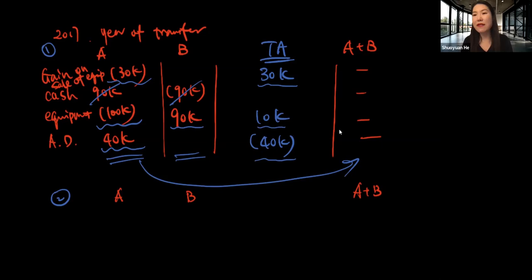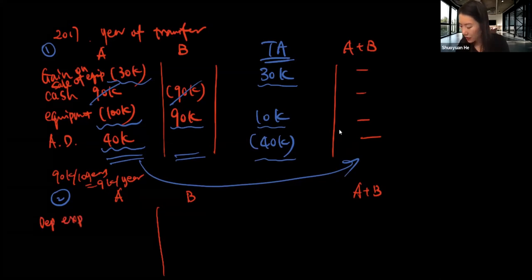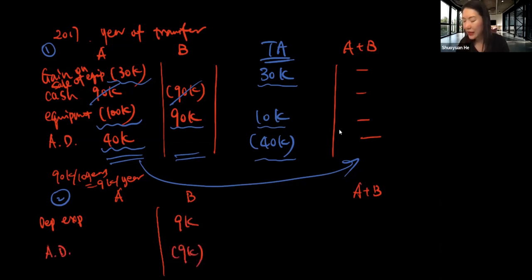So in the year 2017, Able doesn't need to record depreciation. However, Baker now has the machine, and the machine is valued at 90,000. So each year, the depreciation Baker needs to record is 90,000 divided by 10 years. So that's 9,000 per year. So Baker needs to record depreciation expense for 9,000 and credit accumulative depreciation for 9,000 at the end of the year.